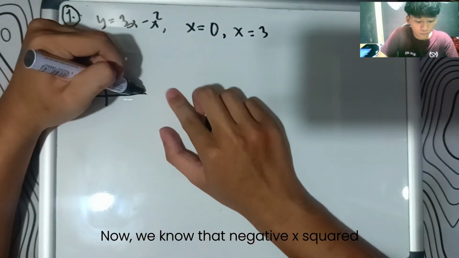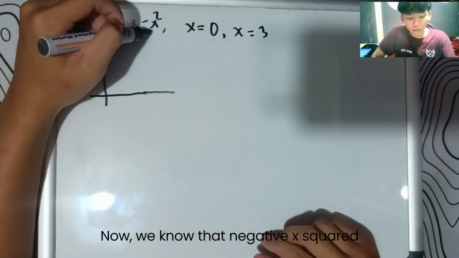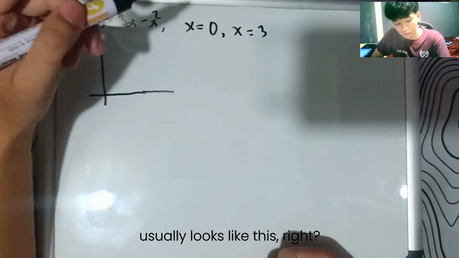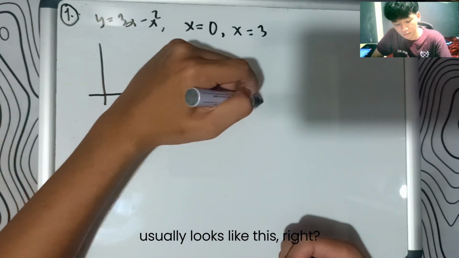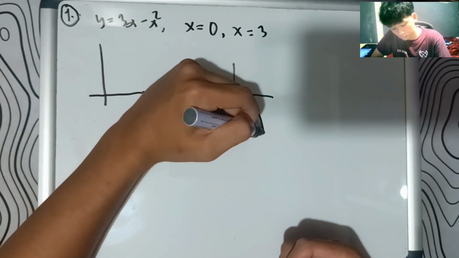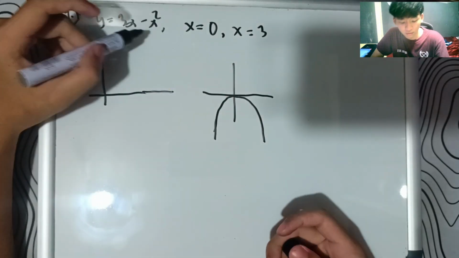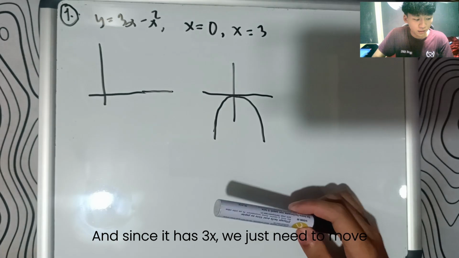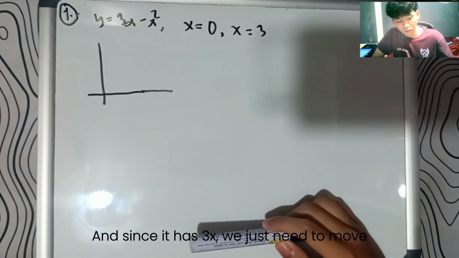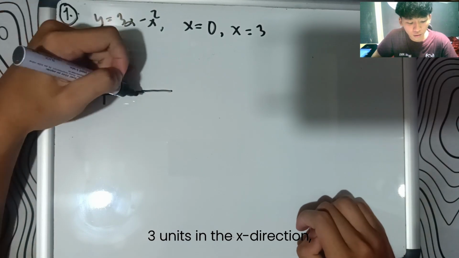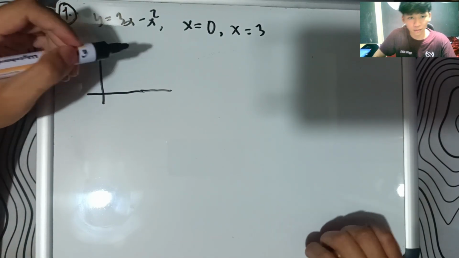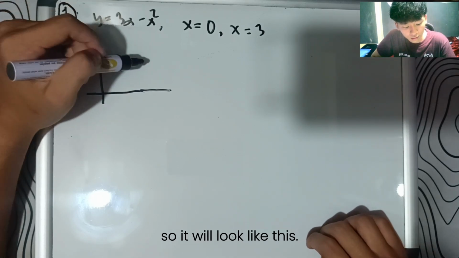Now we know that negative x squared usually looks like this, right? It looks like that. And since it has 3x, we just need to move 3 units in the x direction, so it will look like this.